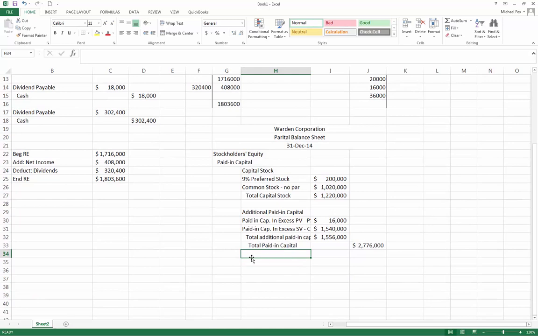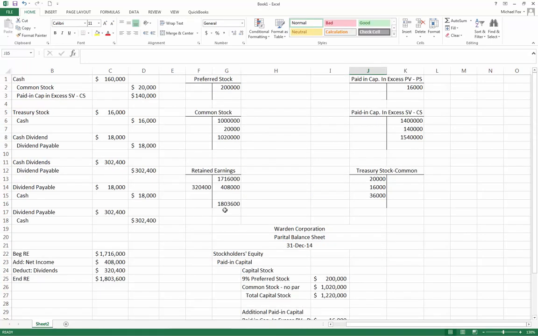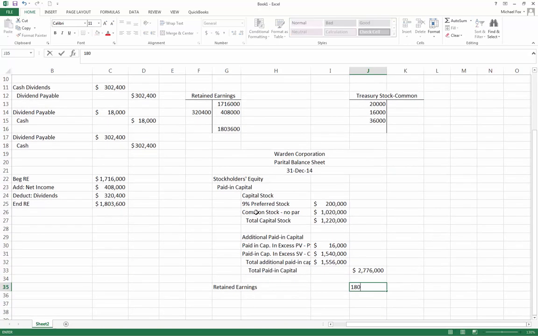Then we'll have our retained earnings. Remember, our retained earnings now has a balance of $1,803,600. Don't know why that's not dollars. This will be our total paid-in capital and retained earnings.